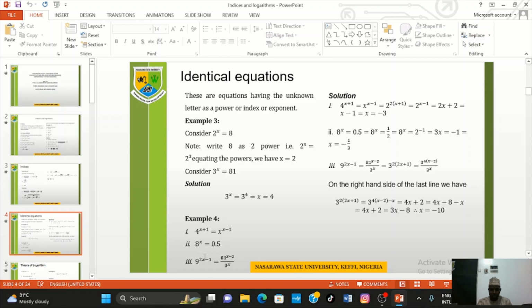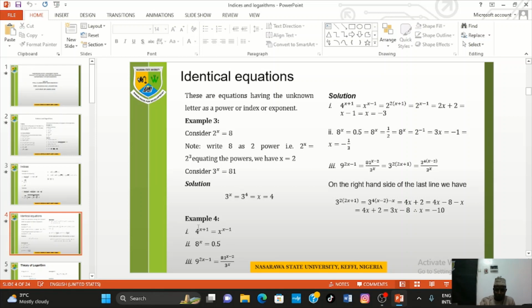And number 3, 9 raised to the power of 2x minus 1 equals 81 to the power of x minus 2, all divided by 3 raised to the power of x. Going with the law, we can simplify these examples as well. Now let's look at them.